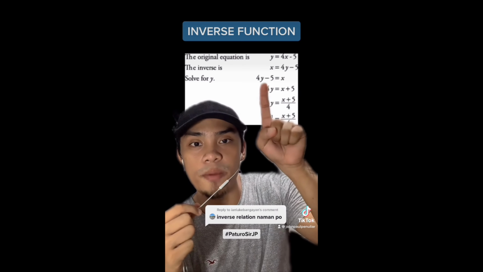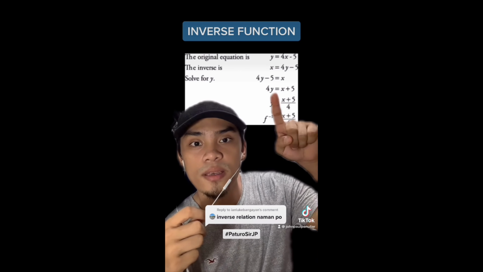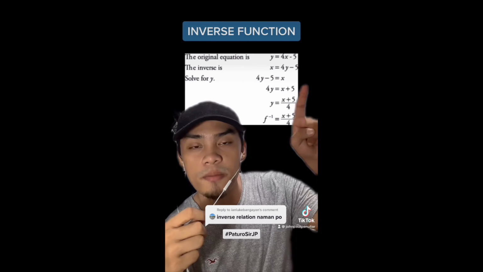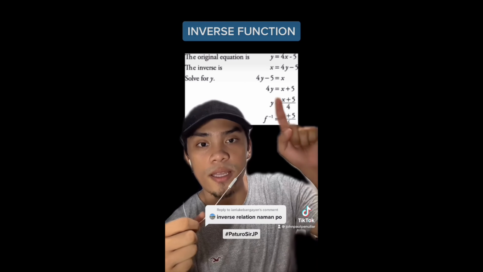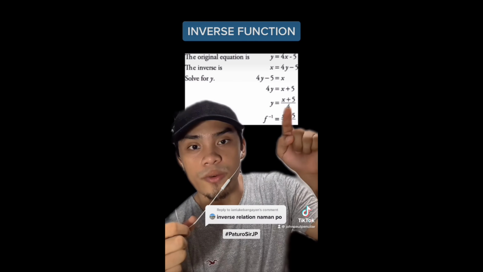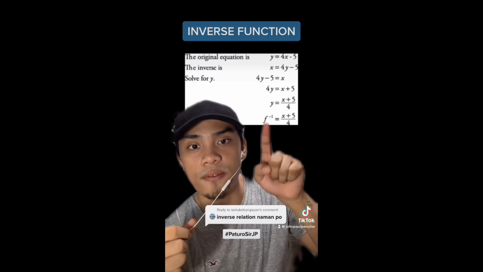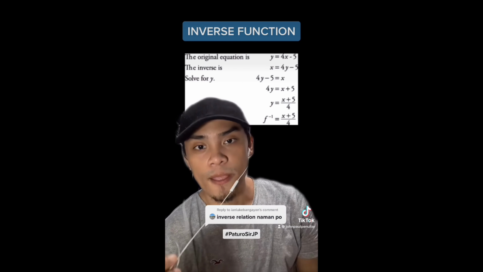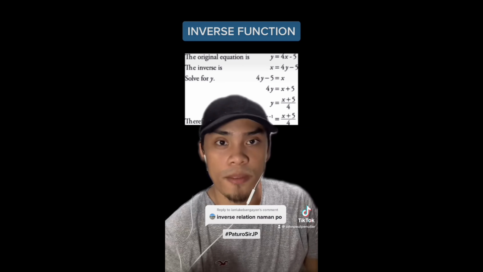So, 4y minus 5 nasa left side, and then nasa kabilang side yung x, okay? And then, itong negative 5, di pa sa kabila, magiging plus 5. So, you now have 4y equals x plus 5, and then divide both sides by 4. So, your y is equal to x plus 5 over 4, and then you write this as f raised to negative 1, or your f inverse. This is your inverse function, x plus 5 over 4.